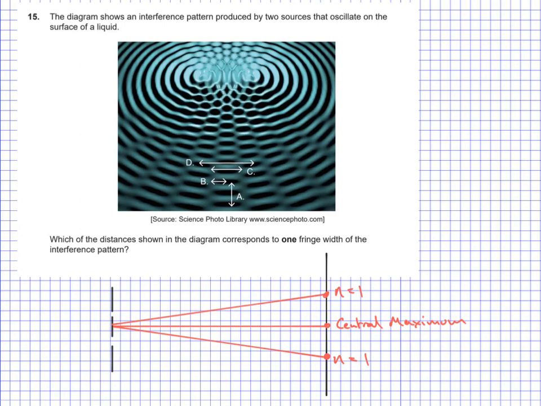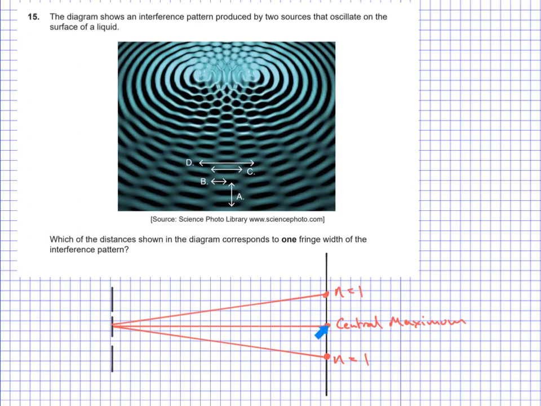Now, I just want us to think about how we would normally draw double slit or diffraction grating questions. We would have our diffraction grating or a double slit over here. Here are the two slits. And then we would show this geometrically that we can represent this as these triangles with the maximum constructive interference appearing right in the middle, called the central maximum. And then we're going to have these bright fringes either side. Of course, in between the bright fringes will be a band of dark fringe.